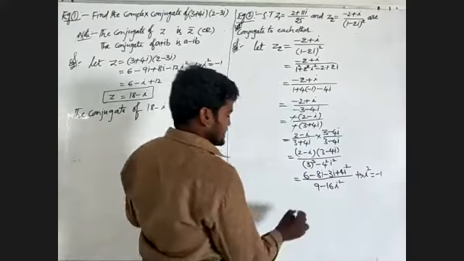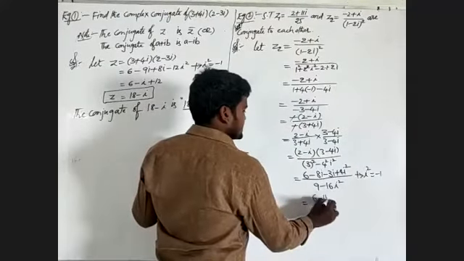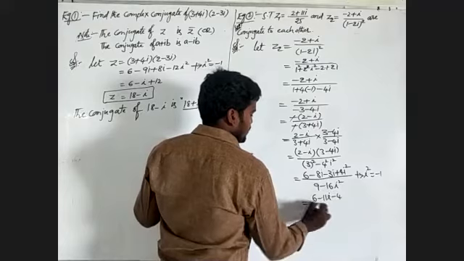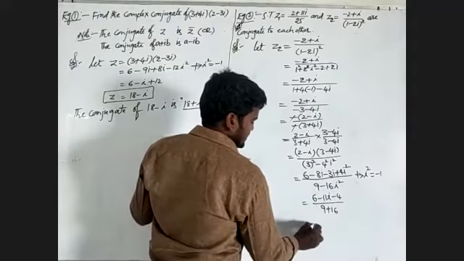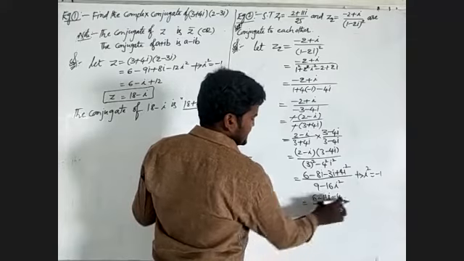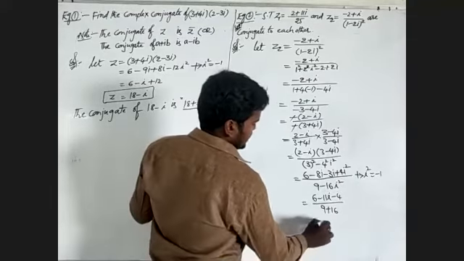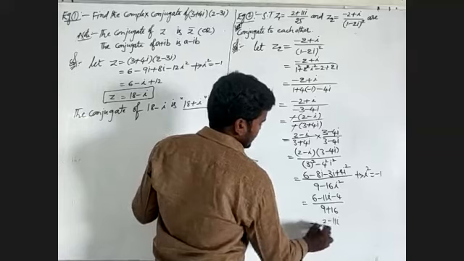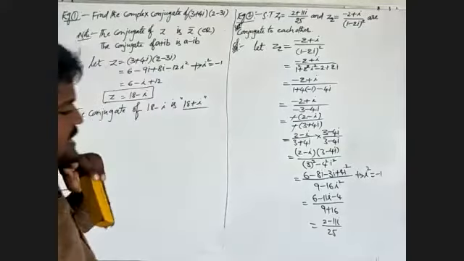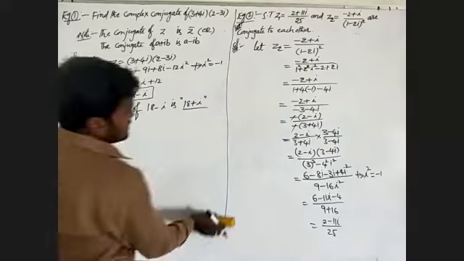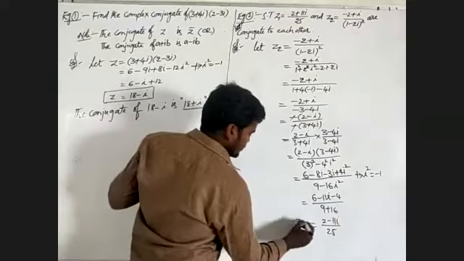That must be written as 6 minus 11i minus 4, by 9 plus 16. The given value is 6 minus 4, which is 2, minus 11i, by 25. This is the value of Z2.